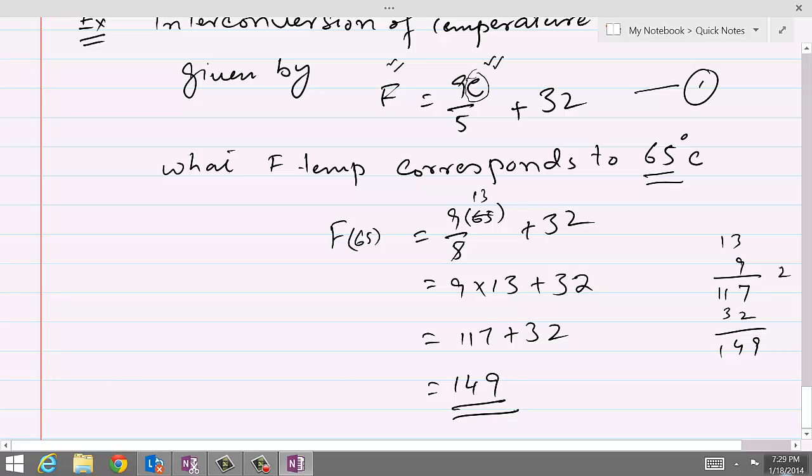And this 149 is a Fahrenheit temperature.